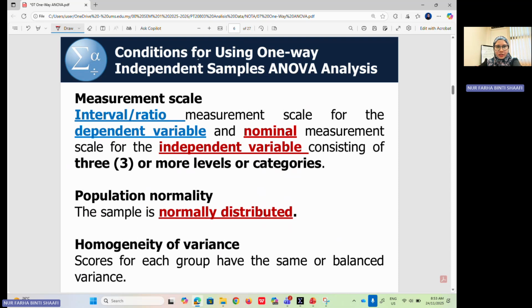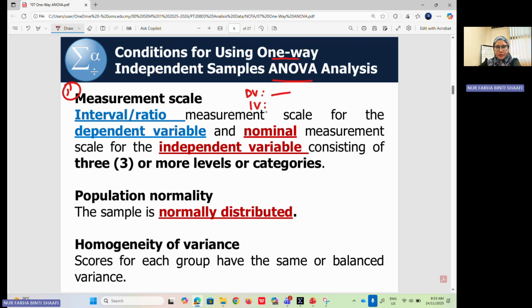This is the condition when you want to use one-way ANOVA. The first condition is measurement scale. Remember, the measurement scale for the DV should be interval or ratio scale.